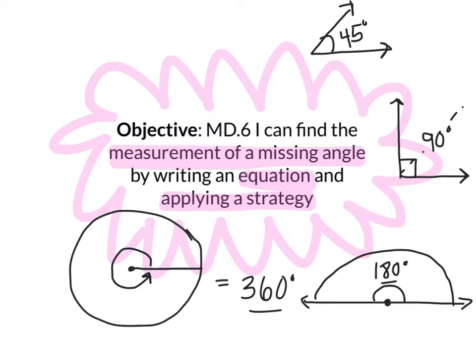And then our last benchmark, we added our 45 degree angle to our 90 degree angle to get our 135 degree angle. So today, as we're solving our next problem, I want us to keep these really important benchmark angles in the back of our minds. They're really going to help us solve this next problem.